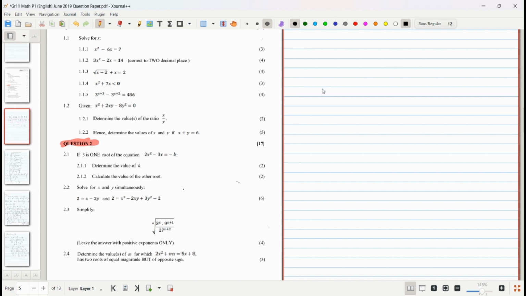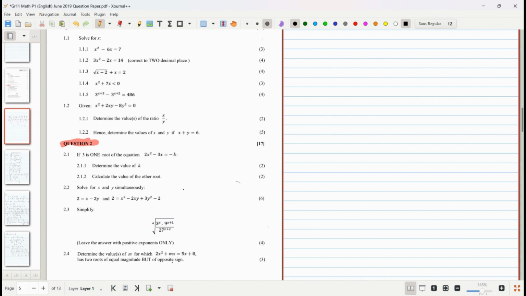So this is the clue to what you need to do. You need to think of a quadratic equation with two roots of equal magnitude but opposite sign.